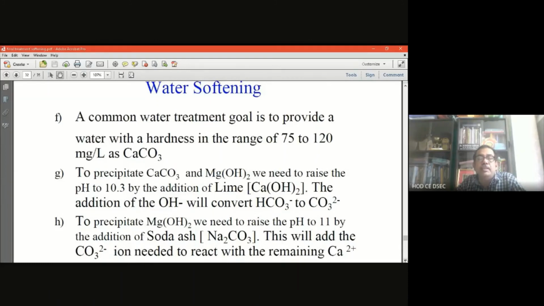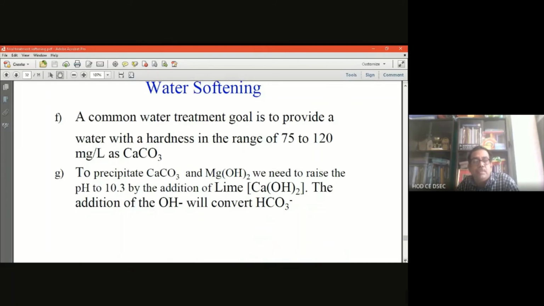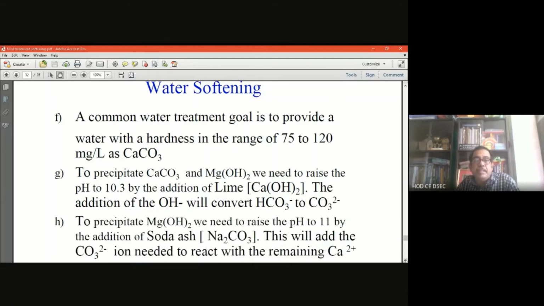A common water treatment goal is to provide water with a hardness in the range of 75 to 120 milligram per liter as CaCO3. To precipitate CaCO3 and Mg(OH)2, we need to raise the pH to 10.3 by adding lime.